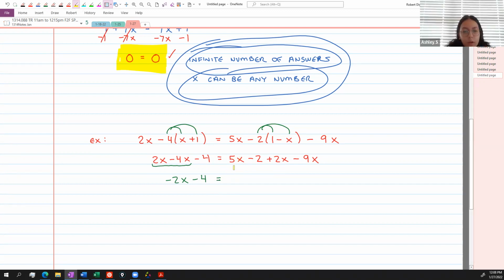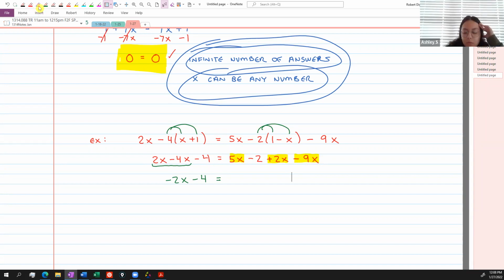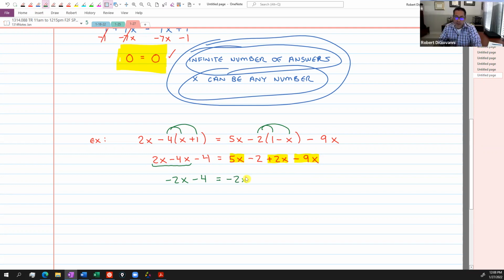So I would combine the 5x and the 2x, and then the -9x. Yes. You can go 5x, add 2x, that's 7x, right? And then take away 9x, how many x's would you have? -2x. Yep, good. And then you still have what over here? The -2. Very good. Is that clear, everyone?